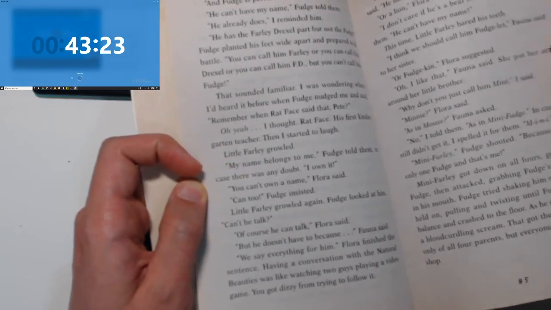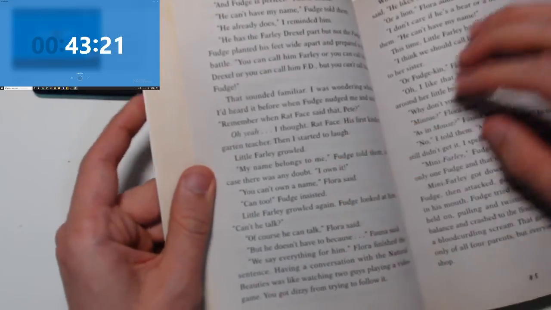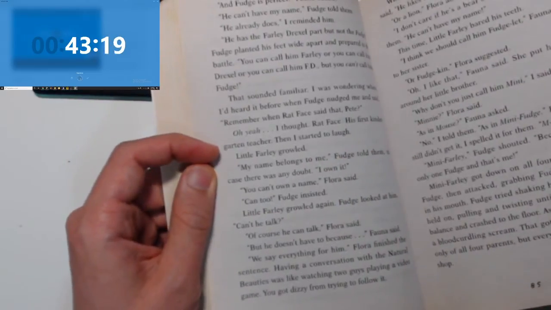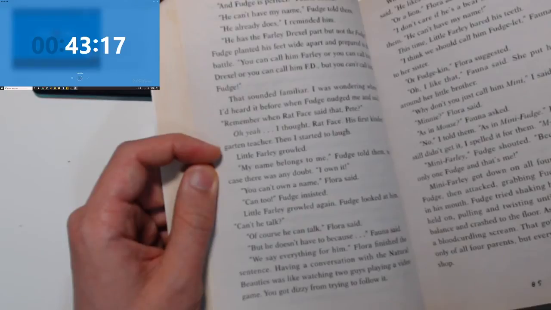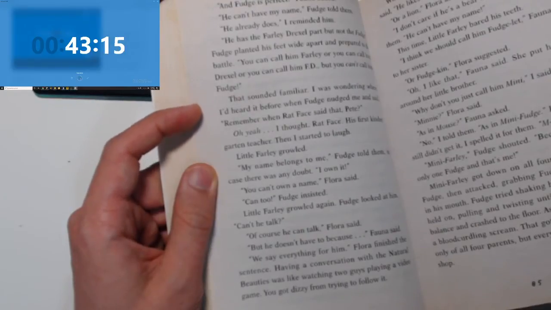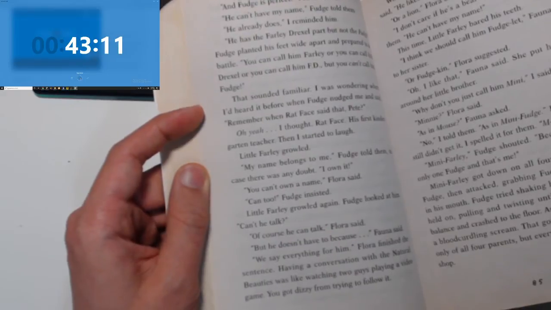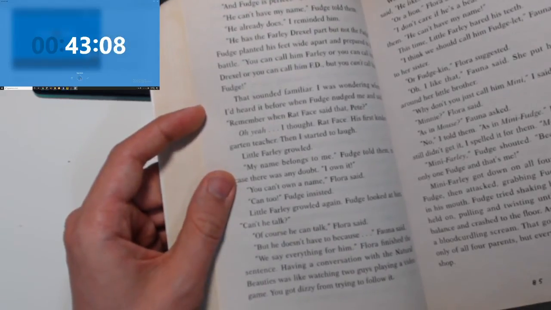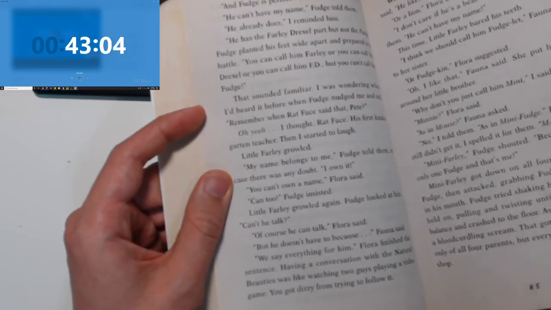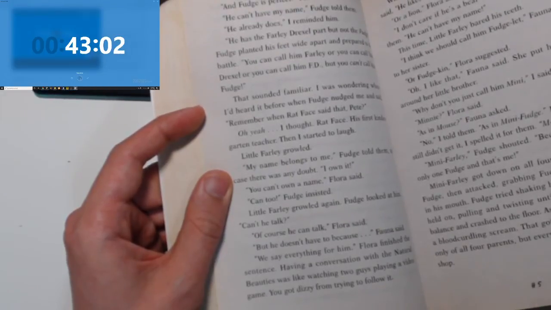He was the Fairly Deluxe party, but not the Fudge. Fudge planted his feet wide apart and prepared to do battle. "You can call him Folly, or you can call him Deluxe, or you can call him FD, but you can't call him Fudge."